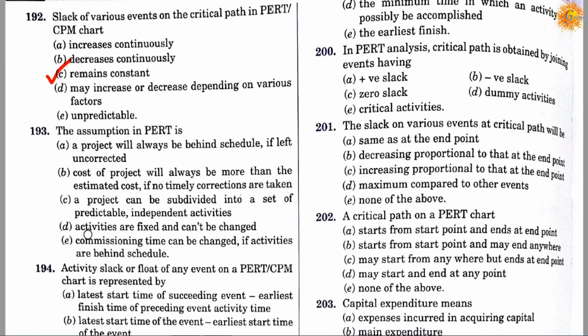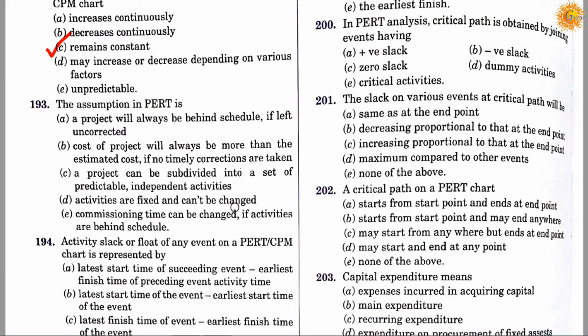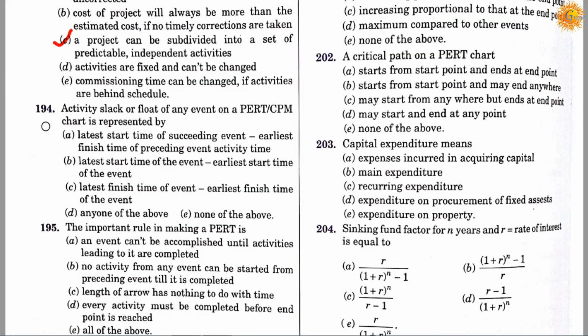Option D, activities are fixed and can't be changed. Option E, commissioning time can be changed if activities are behind schedule. So correct answer is C. It means the assumption in PERT is that a project can be subdivided into a set of predictable independent activities.